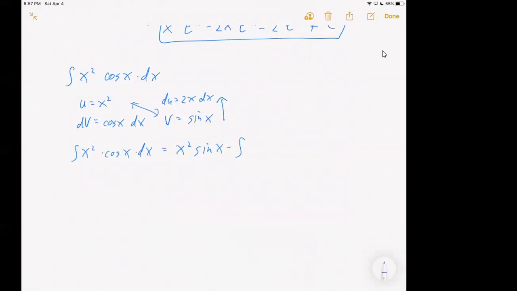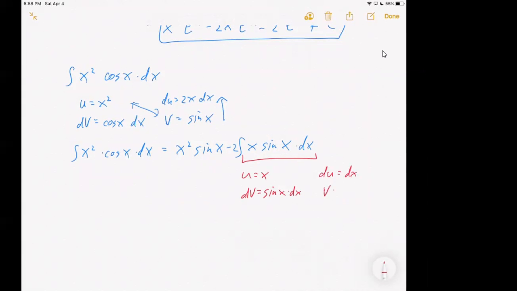And that gives me a 2 outside, x sine x dx. Then I break this out as a separate problem, and I will let u equal x, dv equals sine x dx. So du must be dx.